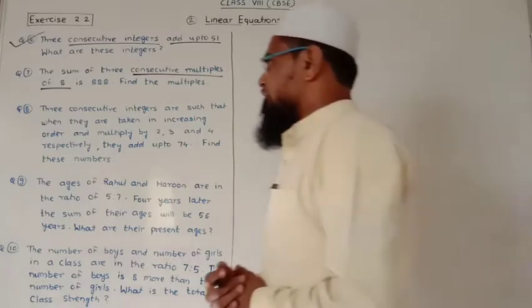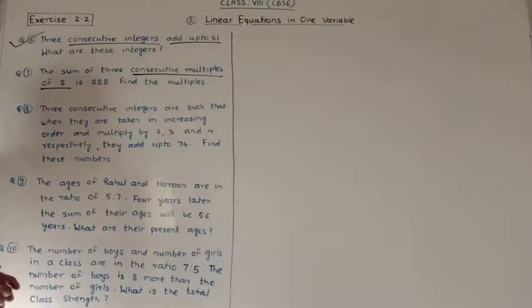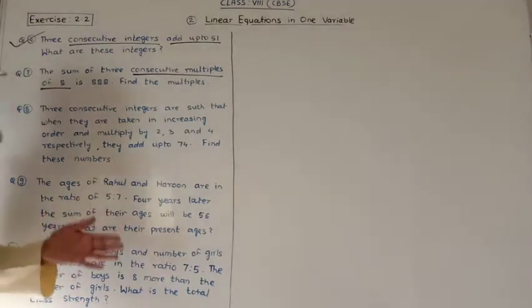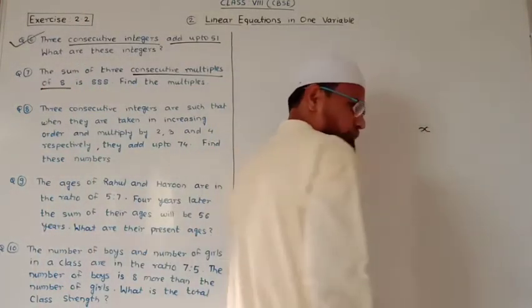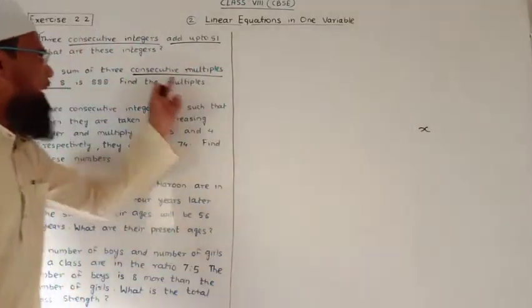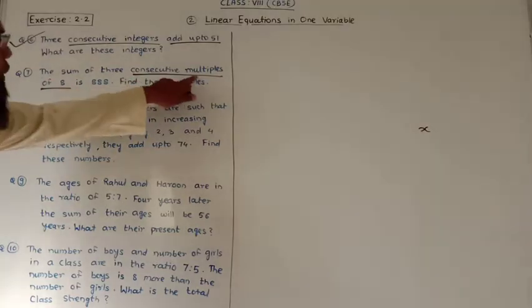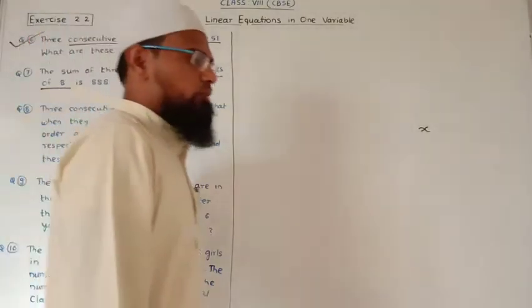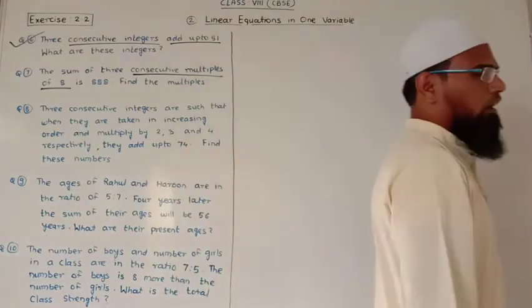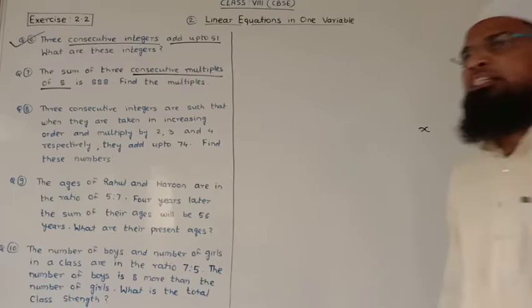So first of all we consider the smallest of the consecutive multiples of 8 to be x. If the smallest multiple of 8 is x, what is the next consecutive multiple of 8?